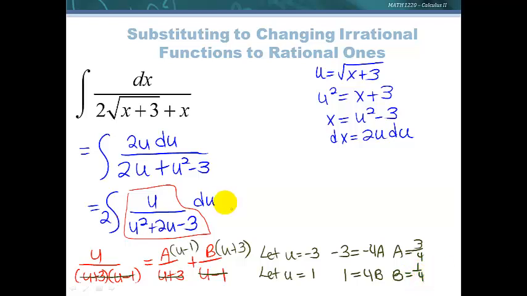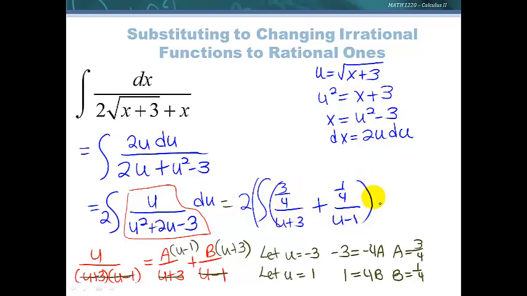So let's go back up here and write that out. So I have 2 times the integral of 3/4 over u plus 3 plus 1/4 over u minus 1 du.